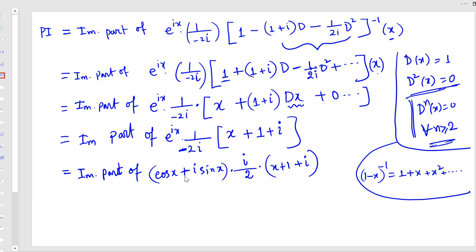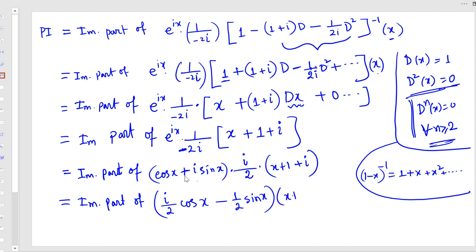So next, what we have to do is just simplify. Imaginary part of, so this is I by 2 cosine x minus I into I, so minus 1, so 1 by 2 sine of x, multiplied by x plus 1 plus I. This is just a pure simplification and you will get the answer.